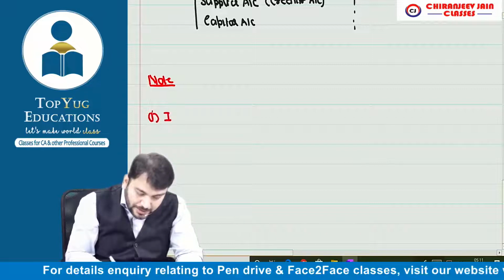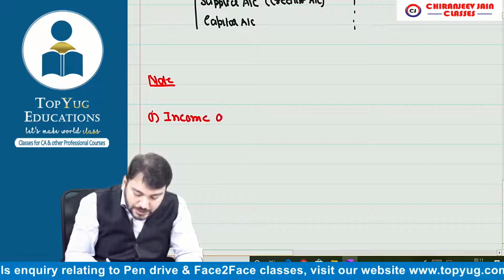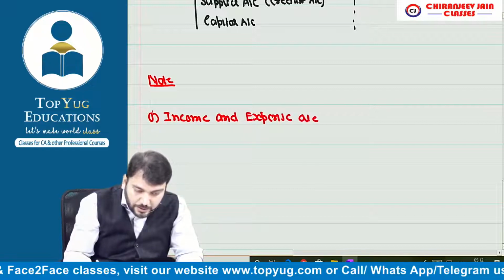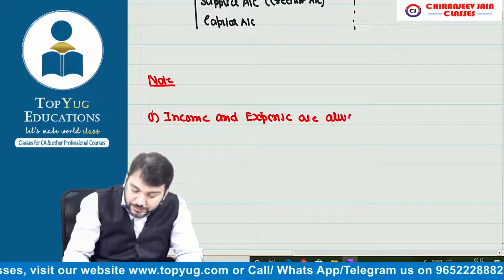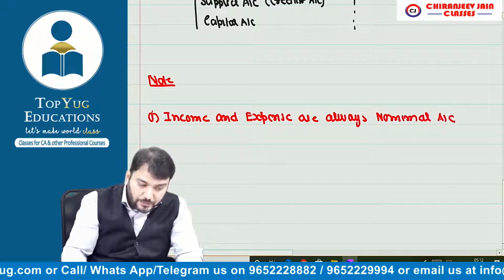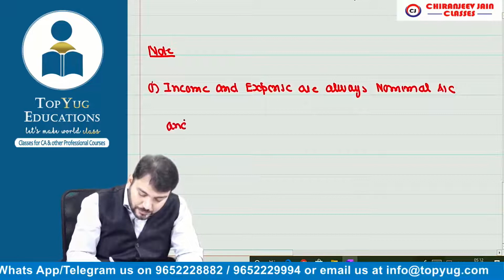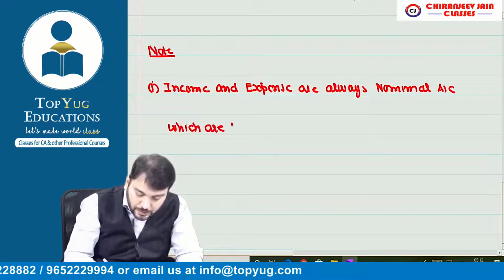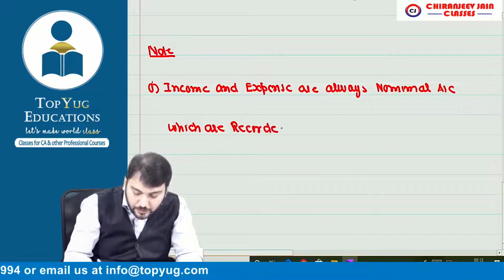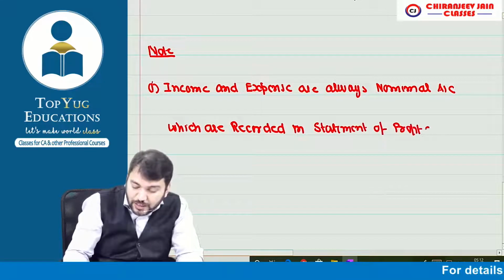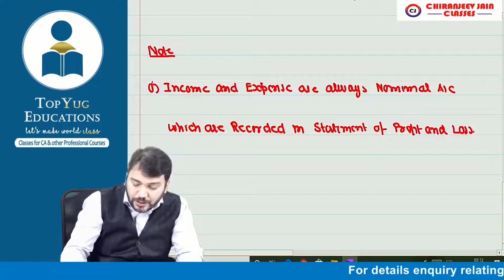Income and expense are always nominal accounts, which are recorded in the statement of profit and loss.